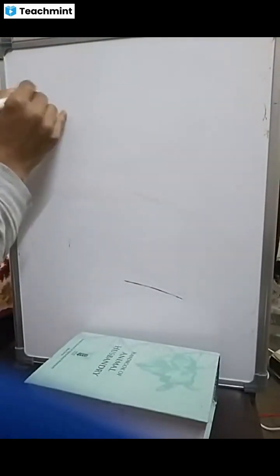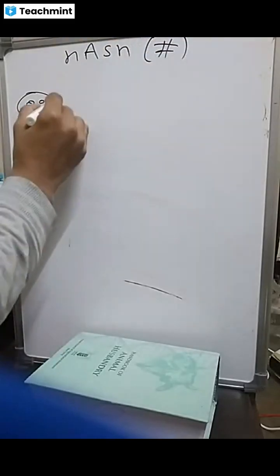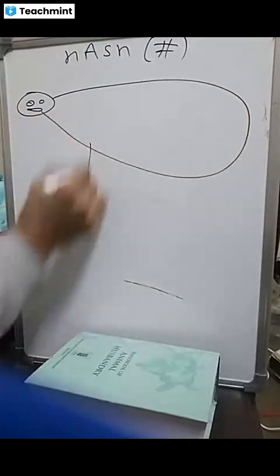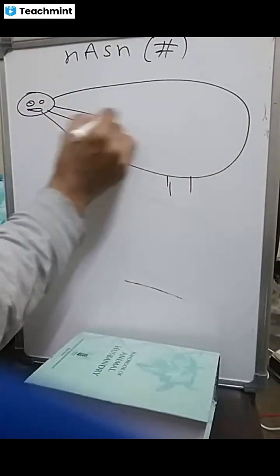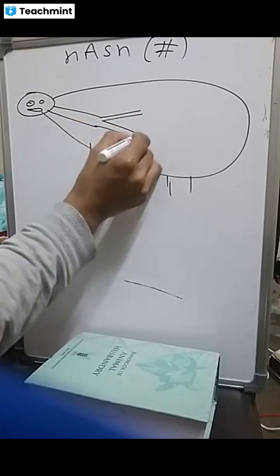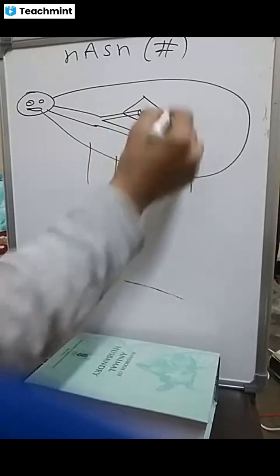So there are mainly 4 types of hypoxia. We start with HASH. This is the pathway, and this is the blood, and this is the cell.